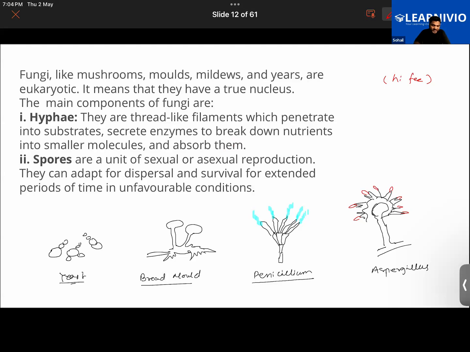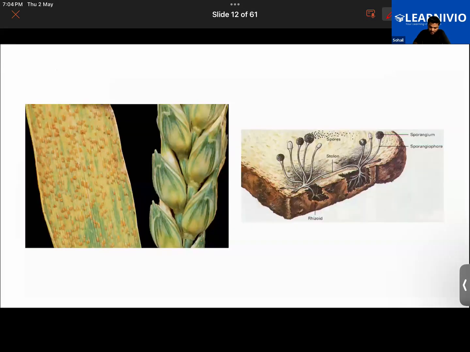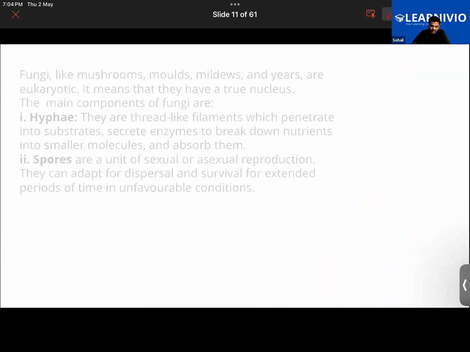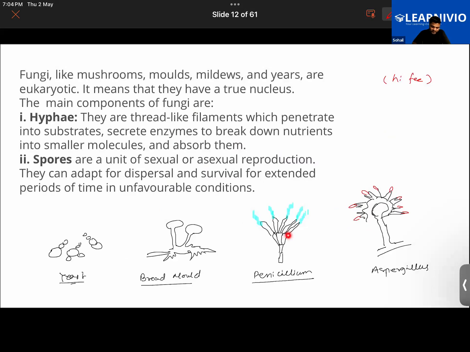Let's first understand which part we are talking about. This filament structure that you're seeing over here, where I'm pointing, this is hyphae. In this one too, these thread-like structures are hyphae. Are you guys getting it now?